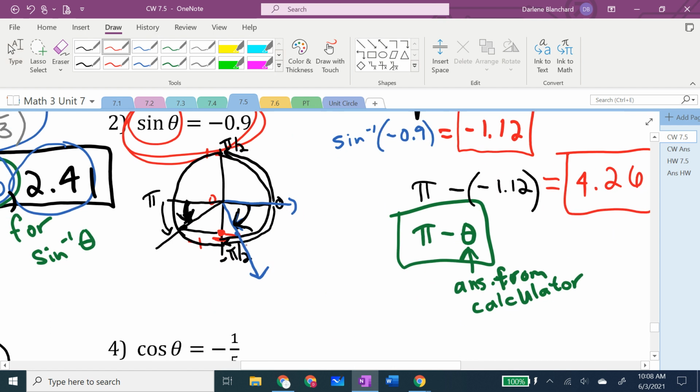So how do I take this negative angle and find its coterminal version that is positive? How do I find a coterminal angle? Yes. Add 2 pi.